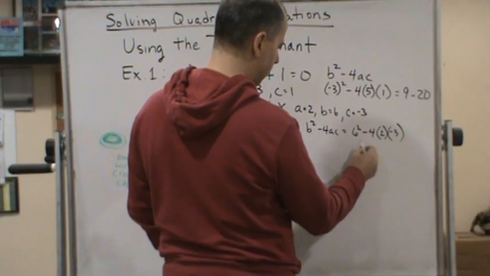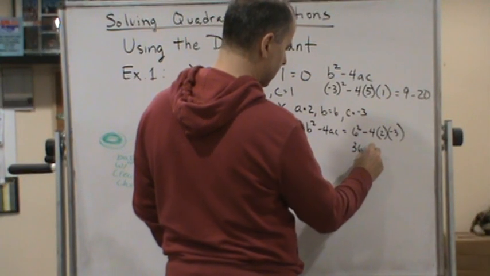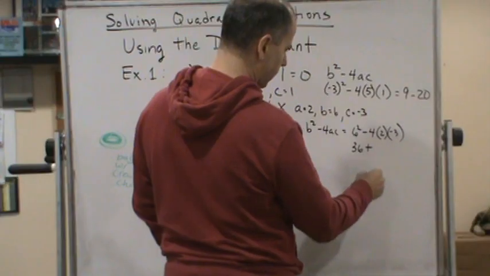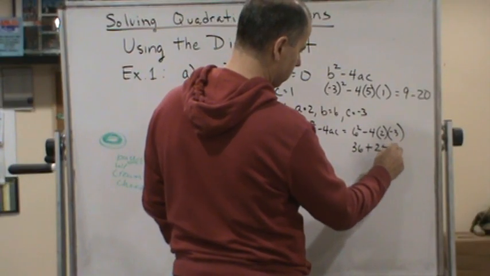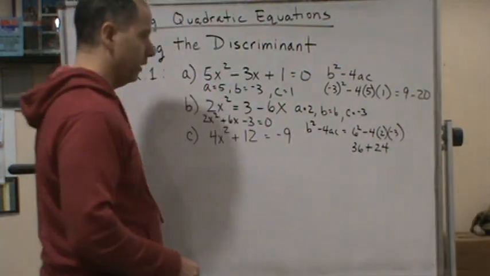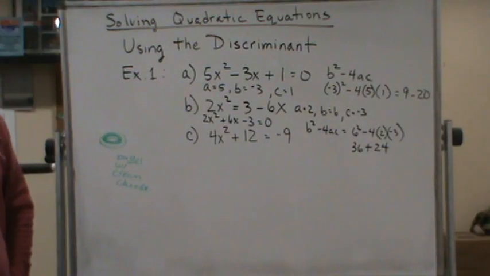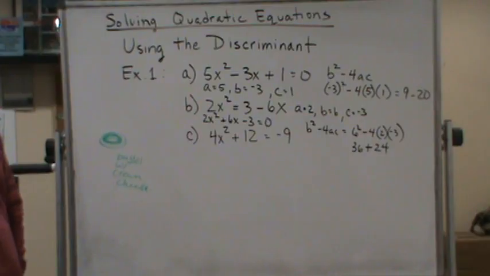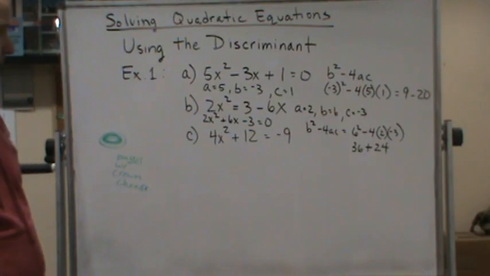So what I'm going to end up getting is 36 plus 24, which is positive. So in this case, I got a positive value, and so the discriminant tells me that I'm going to have two real solutions.